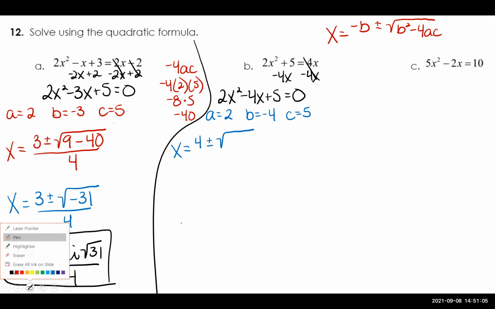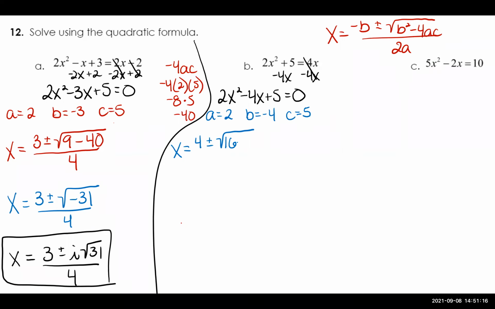You know what, I didn't actually finish writing the all over 2a. There we go. Plus or minus the square root of b squared. So -4 squared is 16. The minus 4ac, that would be -4 times 2 times 5.